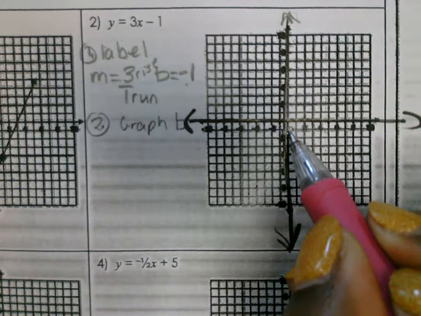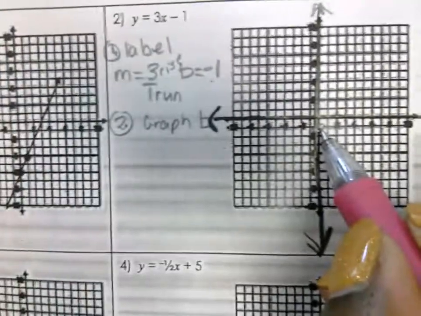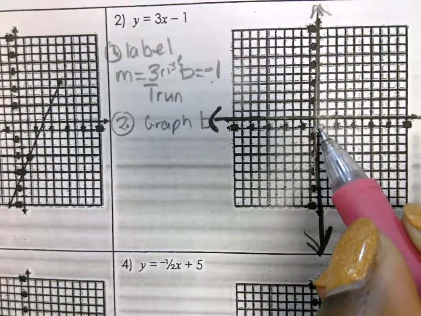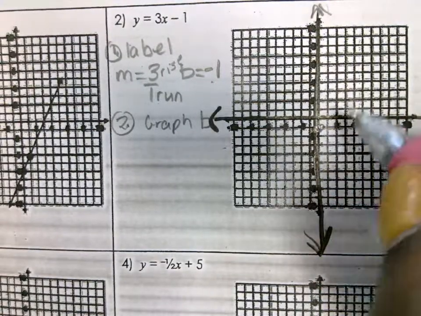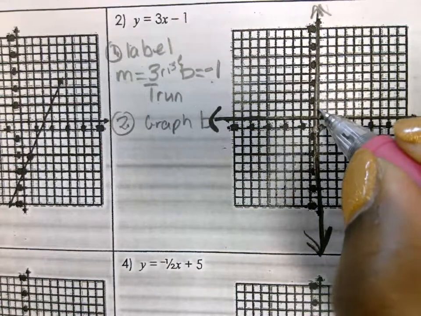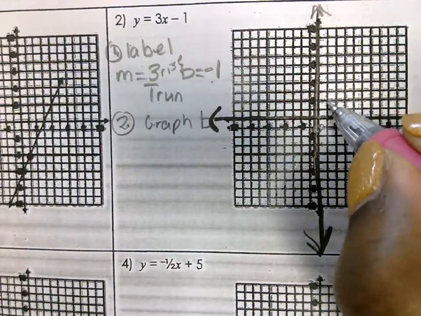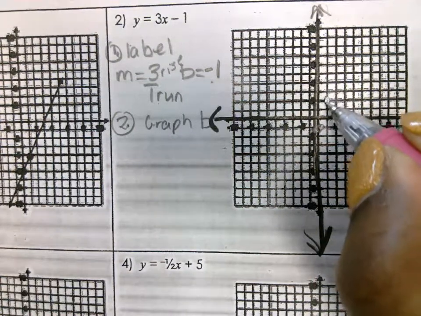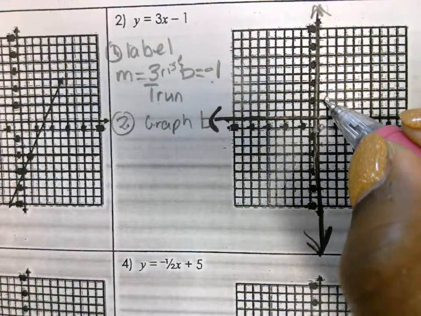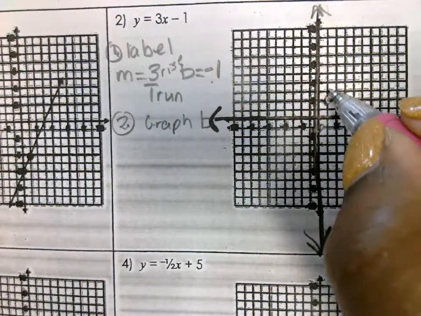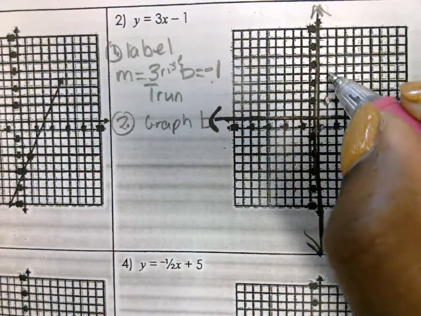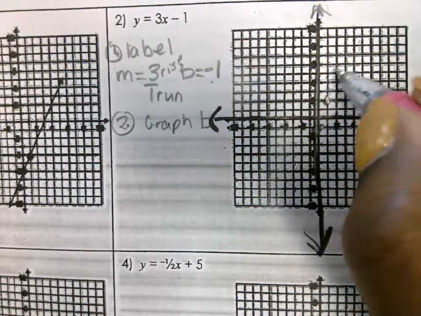You're going to use your rise over run to put points on the line. So from here, rise 3. So I'm going to go up 3: 1, 2, 3. And to the right 1. Put your point here. I'm going to do it again. Up 3: 1, 2, 3, and run 1.